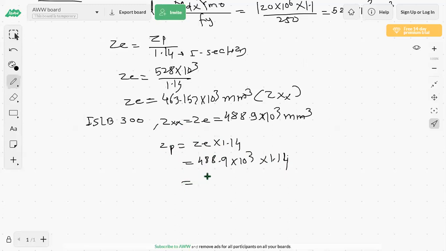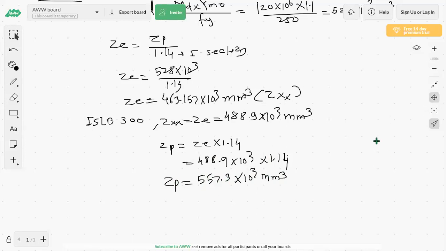How much is ZP? 488.9 into 1.14. So how much is this? 557.3 into 10 raised to 3. That is the ZP value.